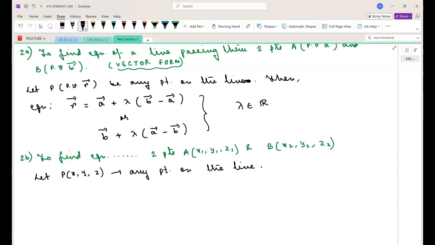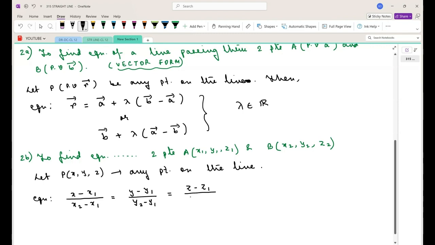So in this case, the equation of the line will be, so this will be the equation of the line.